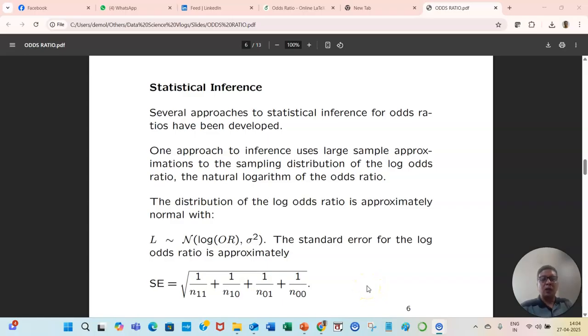In many cases, in accuracy calculation, or in developing the confusion matrix, we need this 2 by 2 contingency table.